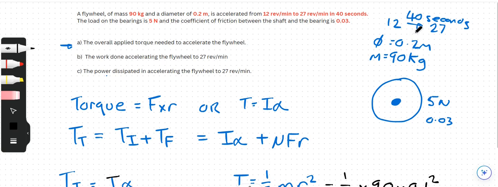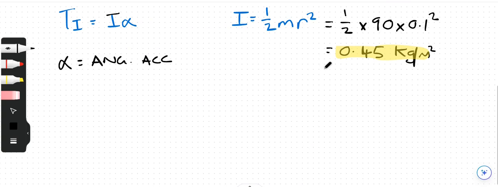So we know the velocities and we know the time, so we can find the angular acceleration. Omega 0, the initial, is 12 RPM, and the final angular velocity, omega 1, has been revved up to 27 RPM.